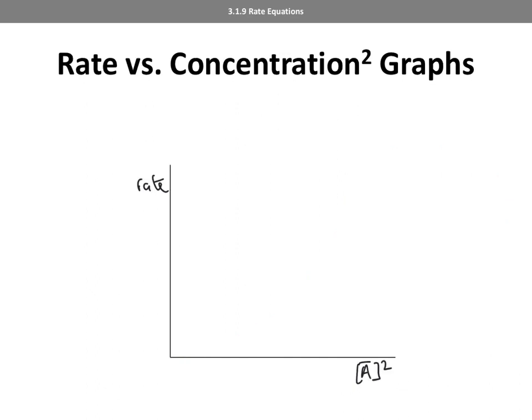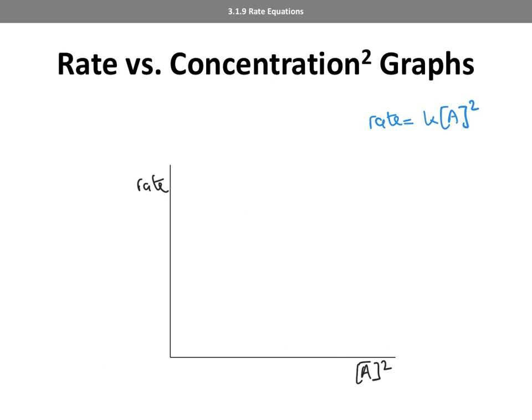Now, there was an exam question once where the reaction was second order with respect to a substance, and they asked you to plot a rate against concentration squared graph. The way to approach this is to always think about the rate equation. We're saying rate equals K A squared for a second order reaction.